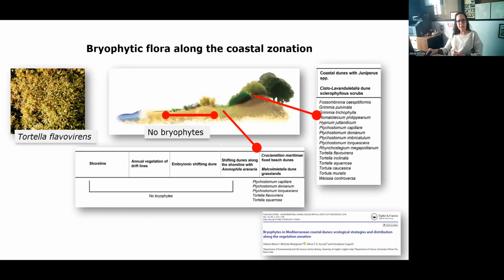She detected a total of 18 different species and described for the first time their distribution along the Mediterranean dune vegetation zonation. Note here that there are no bryophytes close to the sea. The first ones were in dune grasslands, and the highest number of species we found was in the Mediterranean scrub.